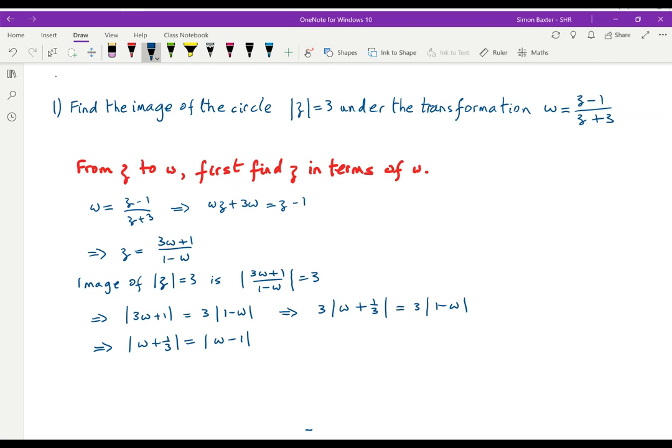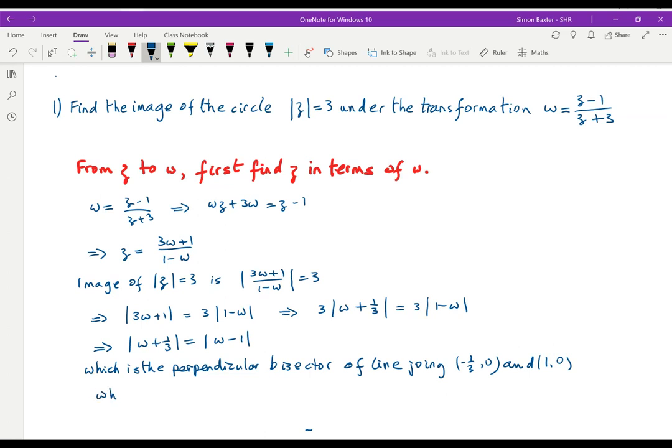This should be familiar. This is now the perpendicular bisector of the line joining the points (minus 1 over 3, 0) and (1, 0).